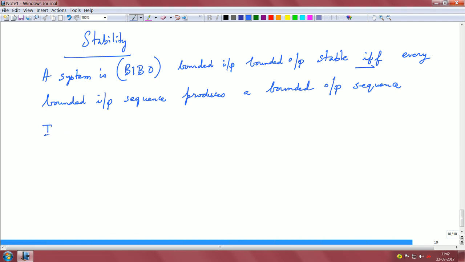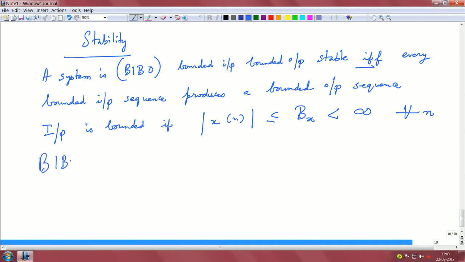Now, in precise language of mathematics, what do we mean by bounded input? Input is bounded if mod x of n is less than or equal to some quantity B suffix x, which is strictly less than infinity, for every n, and BIBO stability requires that the output of the system to the input x of n, which is y of n, is bounded.